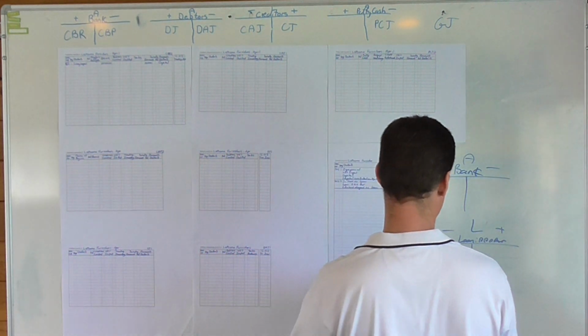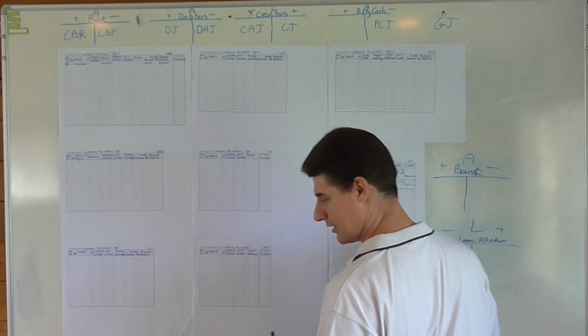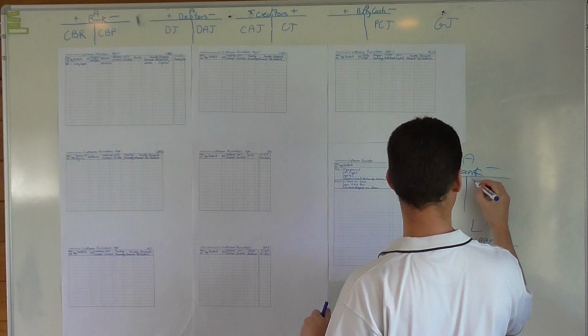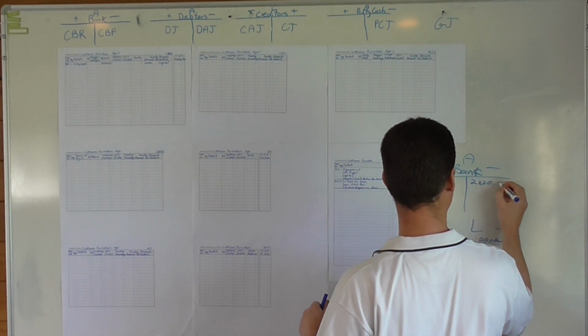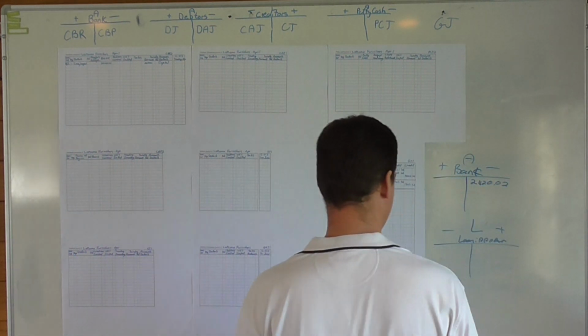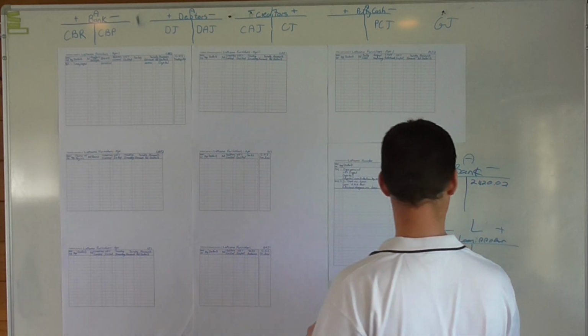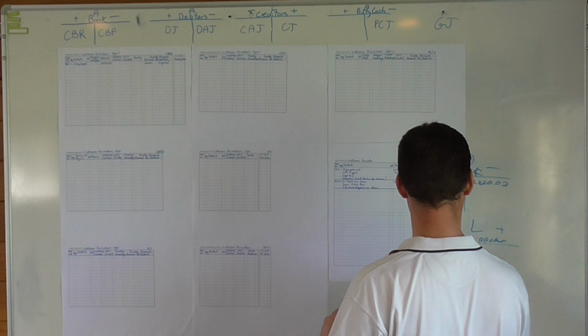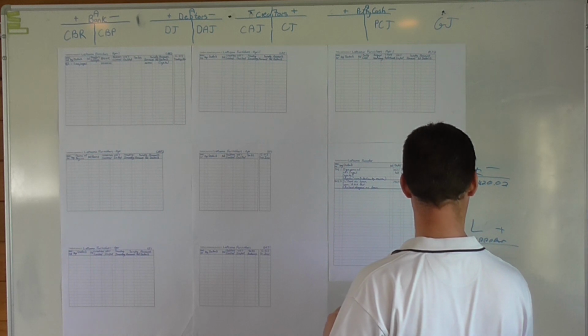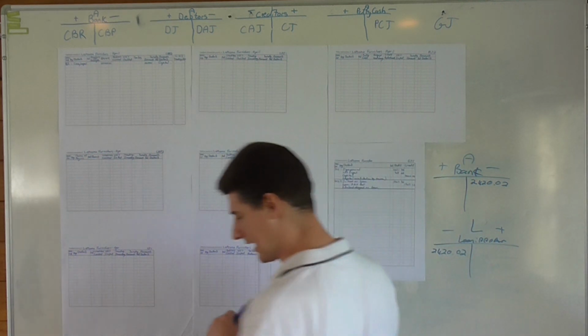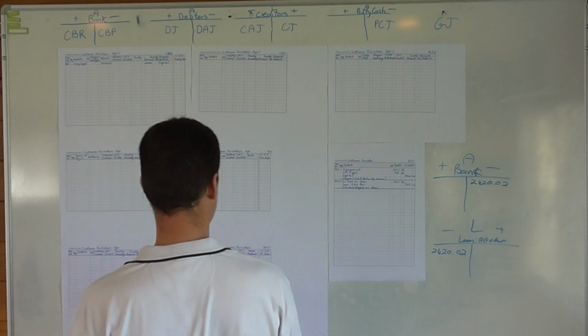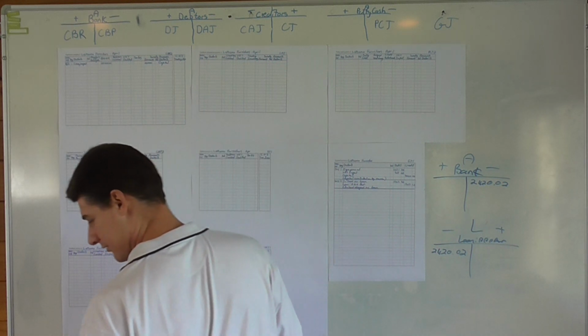So our bank decreased with 2420.02, and that means our liability also decreased with 2420.02.